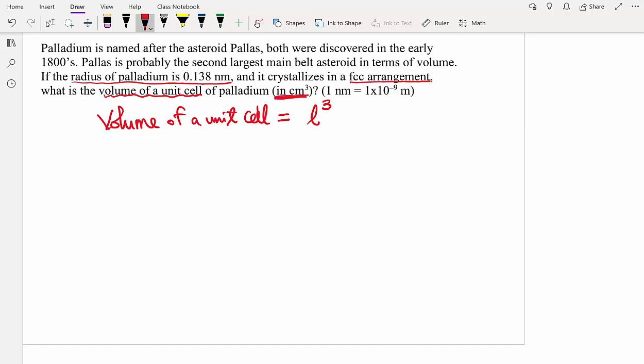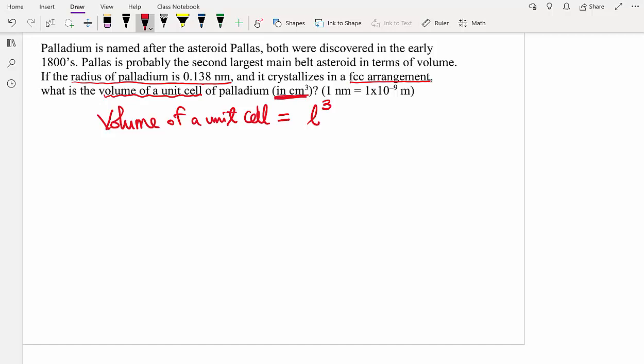The reason is because a unit cell is a cube, and the volume of a cube is one side of the cube raised to power 3. So, to solve this problem, all we need to do is to find the length of an edge of the unit cell. How do we find it?